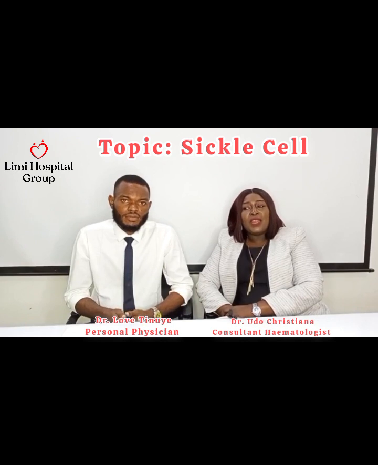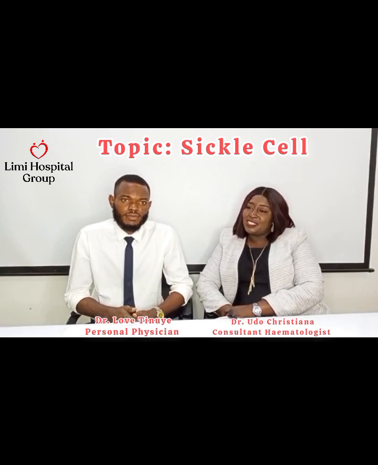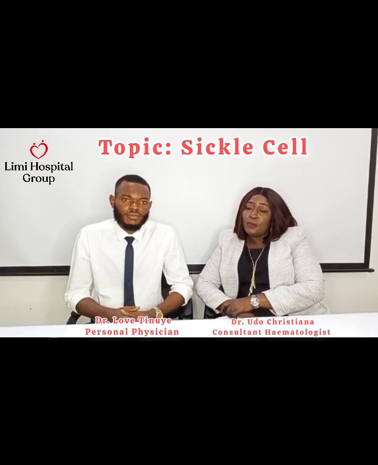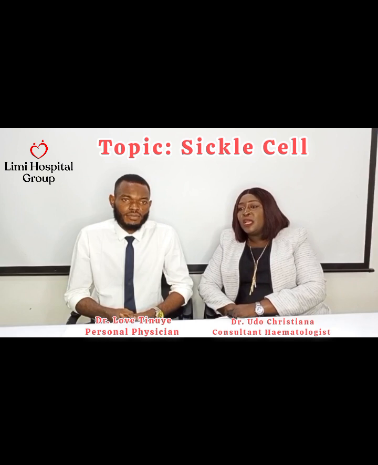Because when you marry an AS, you have a 1 in 4 chance of having a child with sickle cell disease. That's a 25% chance of giving birth to a child that has sickle cell disease. So if you know that you are AS, you will target to go into marriage with someone that is AA. But if you know you're AA, you don't have a problem, because when you marry an AS, you can only have a carrier.